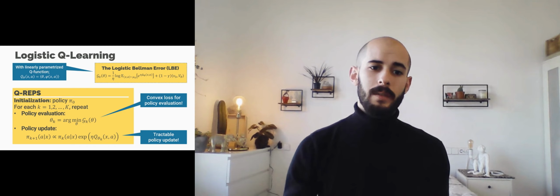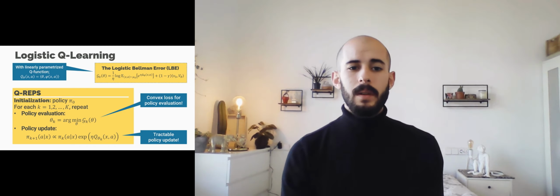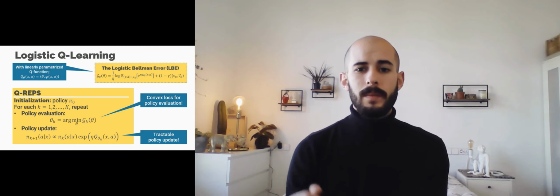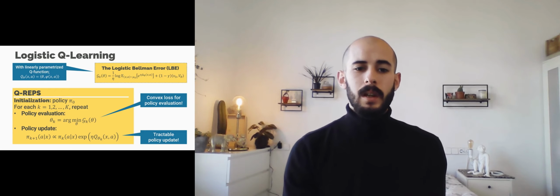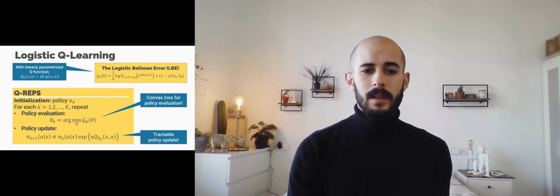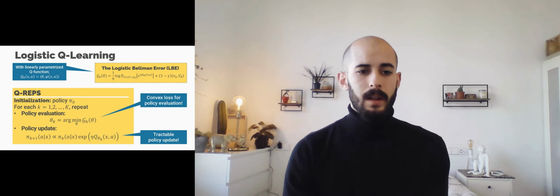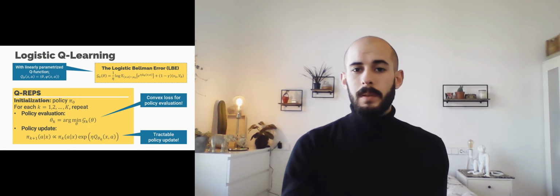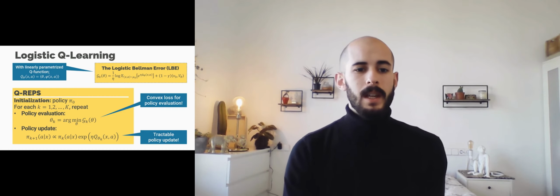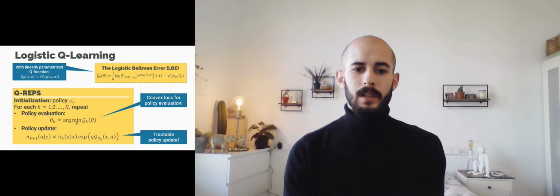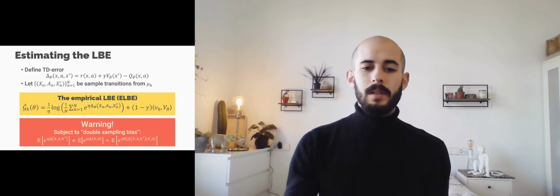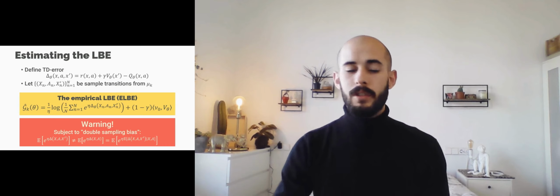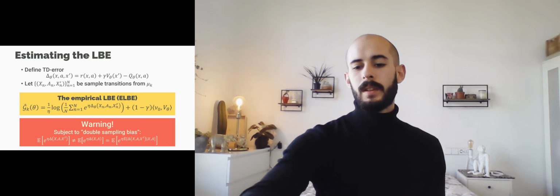And in each iteration, we have two steps. The first step is policy evaluation, where we compute the weights that parameterize the Q function by minimizing the logistic Bellman error corresponding to the distribution mu k. And then we update the policy using an exponential update using the Q functions that we found in the policy evaluation, and we keep iterating.